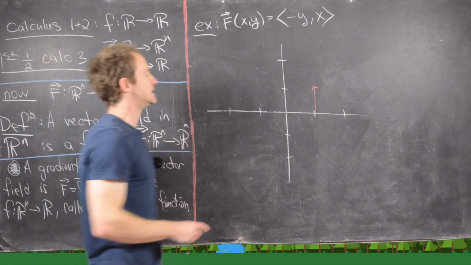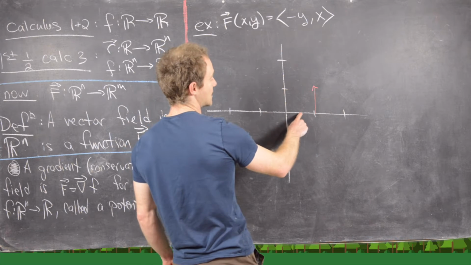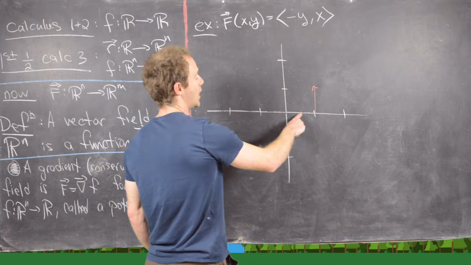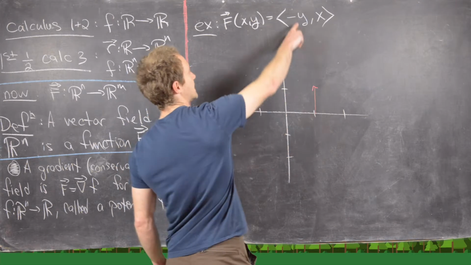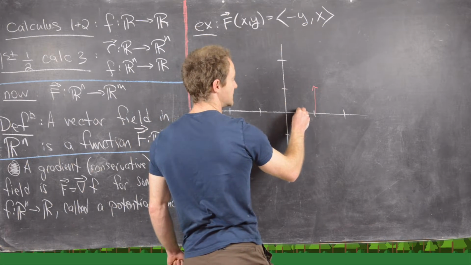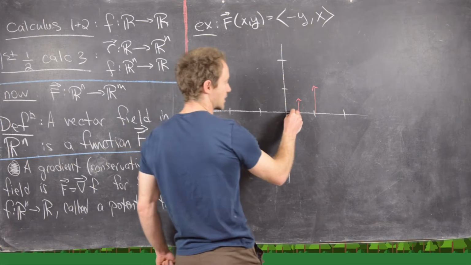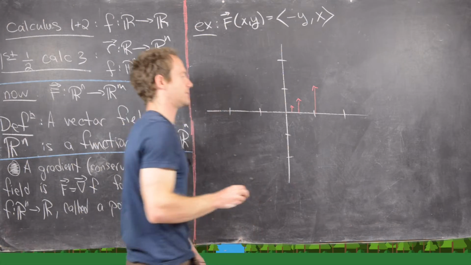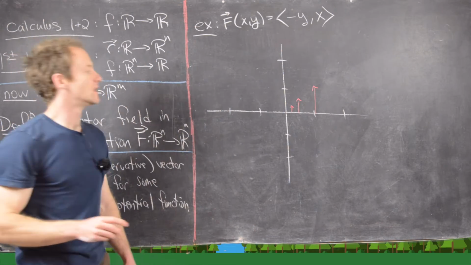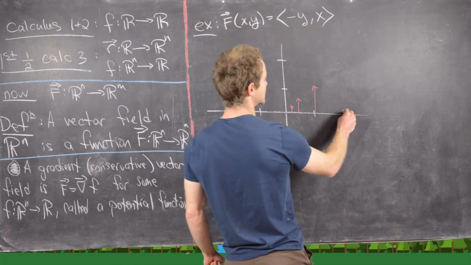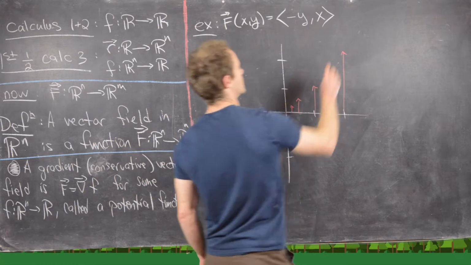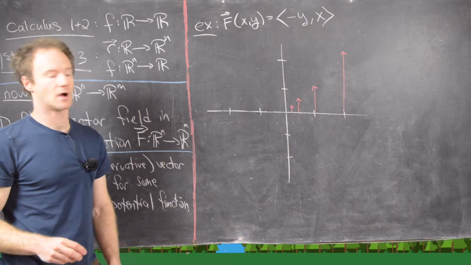Okay, good. Now, let's notice back here at 1/2, if we plug in 1/2, 0, we get the vector 0, 1/2. So we'll get about half of that. And then if we plug in 1/4, we'll get 1/4 of that, and so on and so forth. Okay, now if we plug 2 into this, we'll get twice that vector. Okay, great.